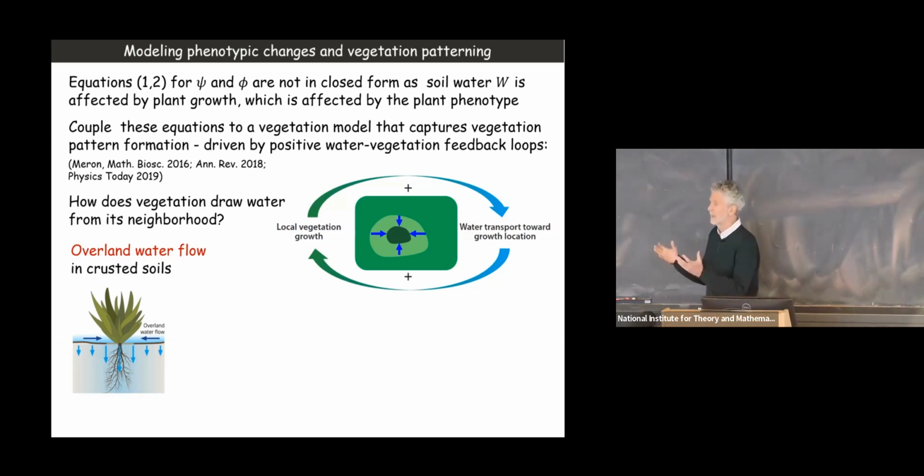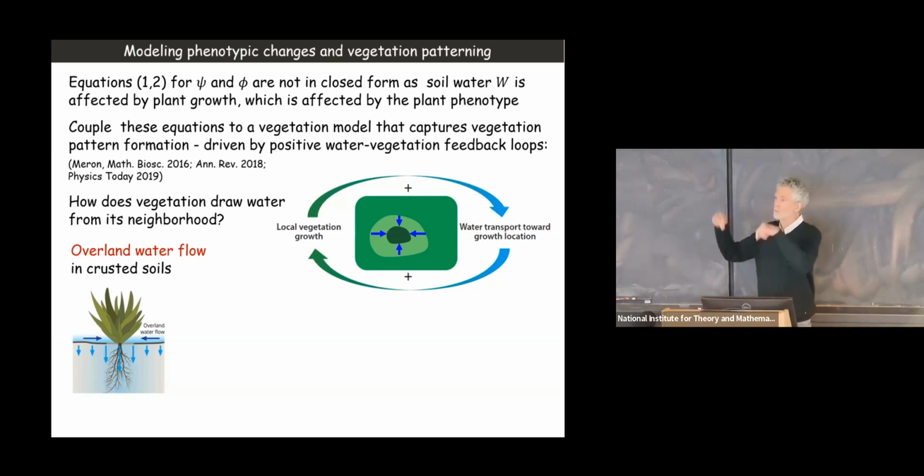This can be physical crust, just a denser top layer because of the impact of the rain, but quite often these are biogenic crusts, for example, cyanobacteria that form thin, few-millimeter-thick crusts. Those crusts first reduce the infiltration rate of surface water into the soil, and they don't develop in vegetation patches. For example, cyanobacteria need sunlight, which is blocked by the litter of the vegetation.